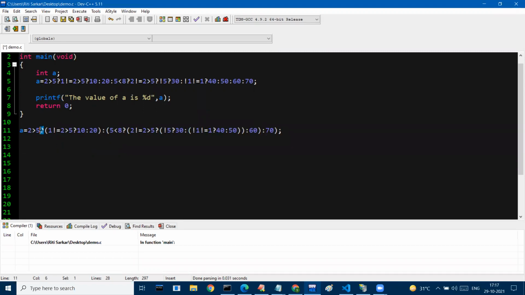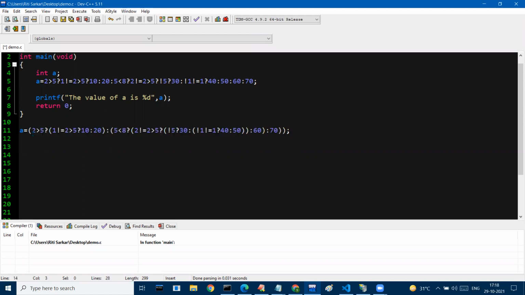For that, this is the expression 1, this is the expression 2, and this entire part is the expression 3. Now my bracketization is done. If you want, you can put one more bracket for your understanding, but it's not required because now I'm going to evaluate this. Whether you keep this entire thing in the bracket or not is your choice.